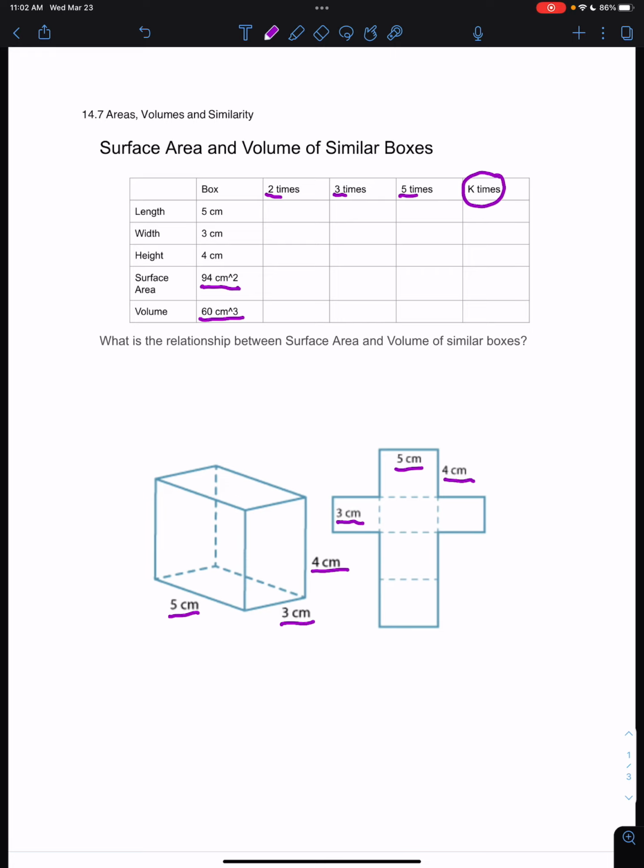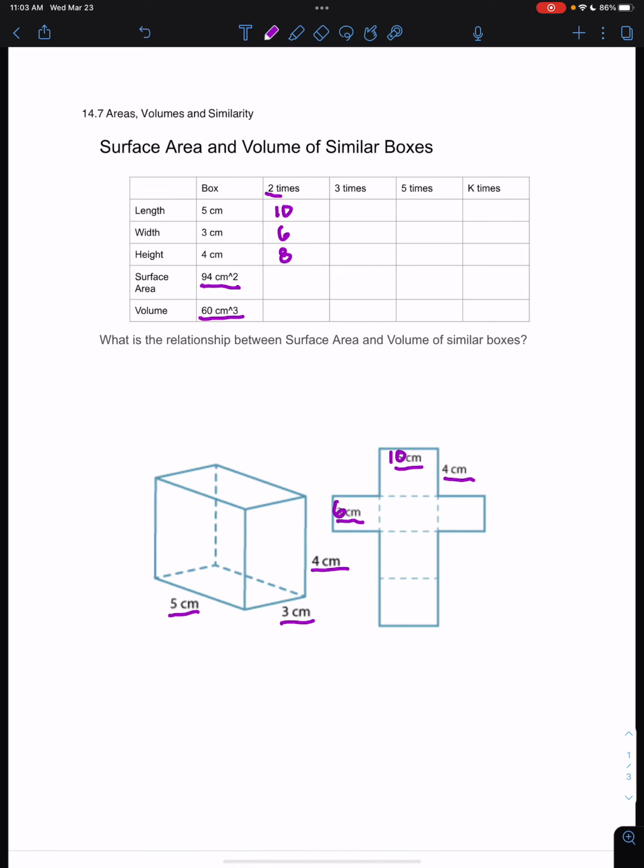So let's get started on that, and let's start with a scale factor of 2. For a scale factor of 2, we're multiplying the length, the width, and the height by 2. So our length instead of 5 would be 10, width would be 6, and height would be 8. And we can change that on our figure down here.